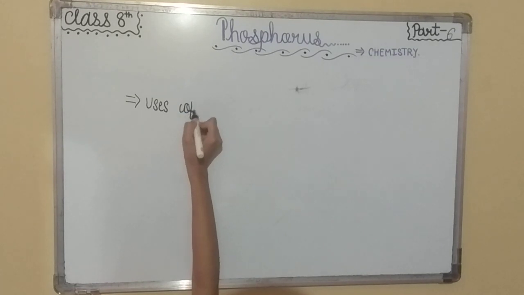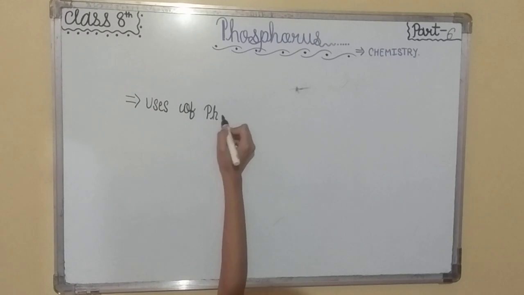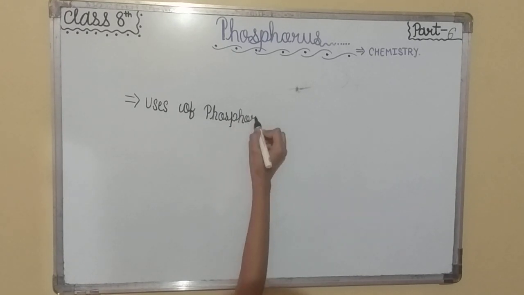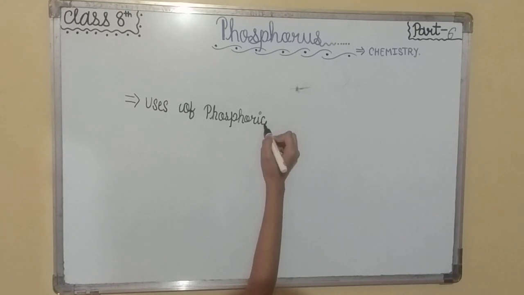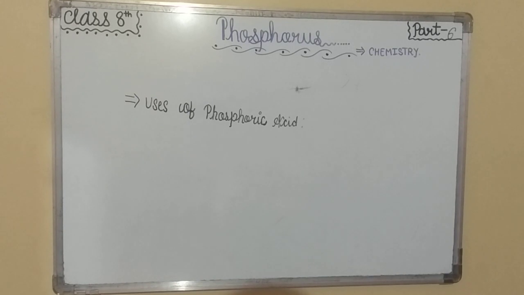Uses of phosphoric acid. So, first uses: pharmaceutical preparation.